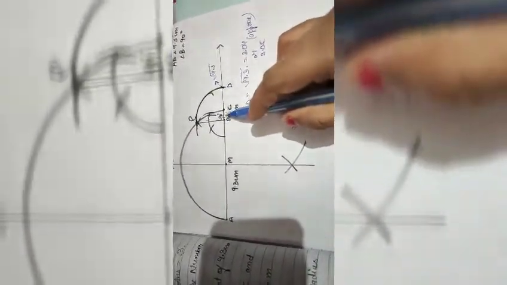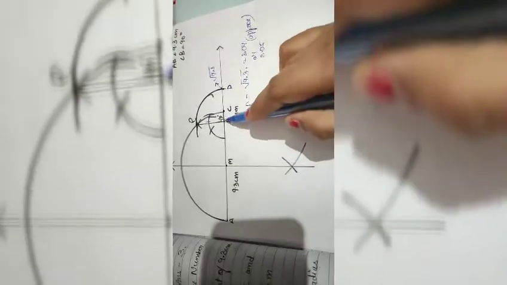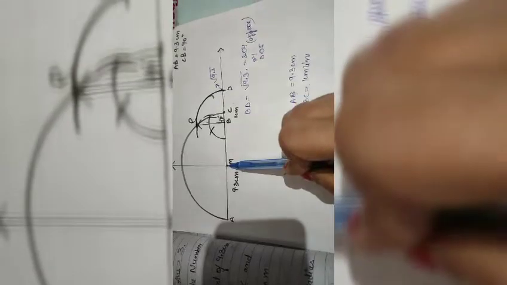This was the first step. Then we drew a 1 centimeter line from B. This is BC. We extended this AB up to 1 centimeter more. Then we have taken a midpoint of AC. This is M.